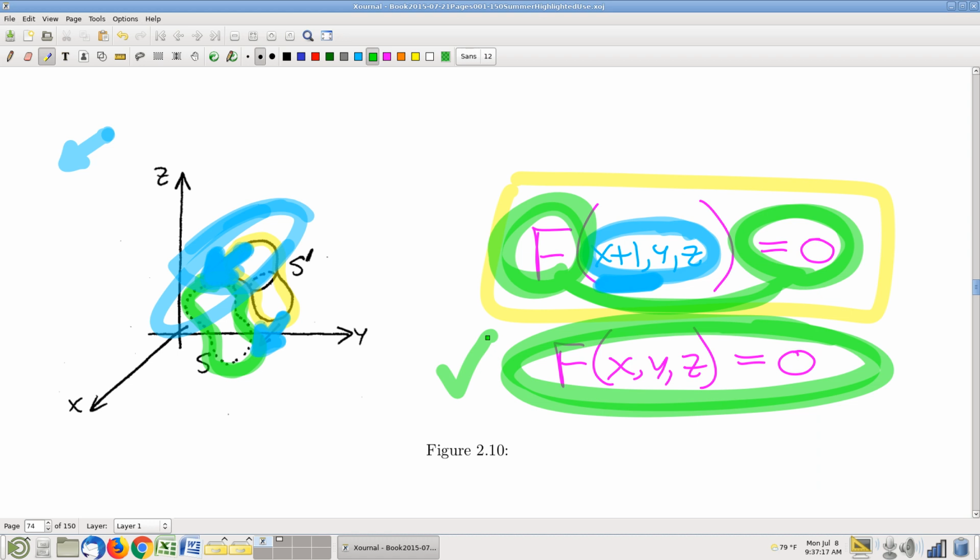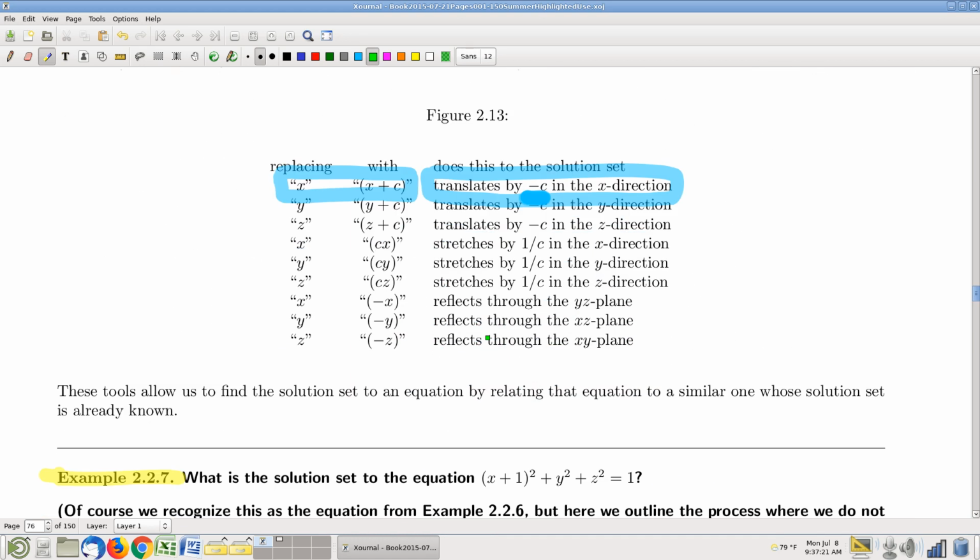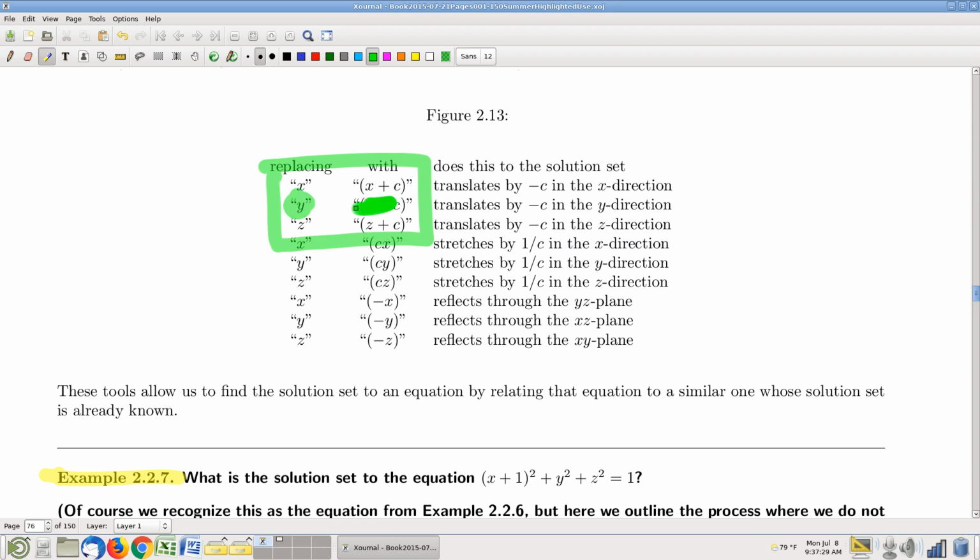Okay. All right, so let's apply that broad lesson, and here's a bunch of punchlines. Now, analogously, you can persuade yourself without too much trouble that if you replace y with y plus c, that's going to translate by negative c in the y direction, likewise with z's. Same sort of argument.